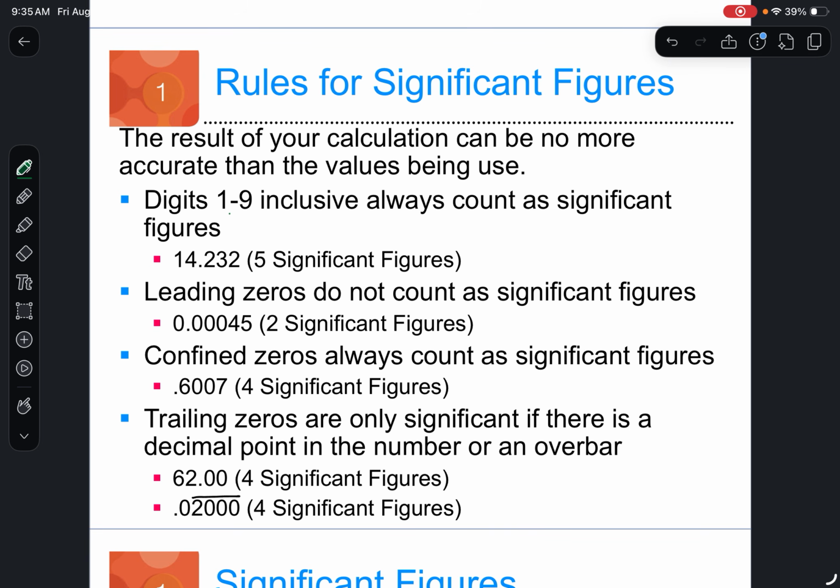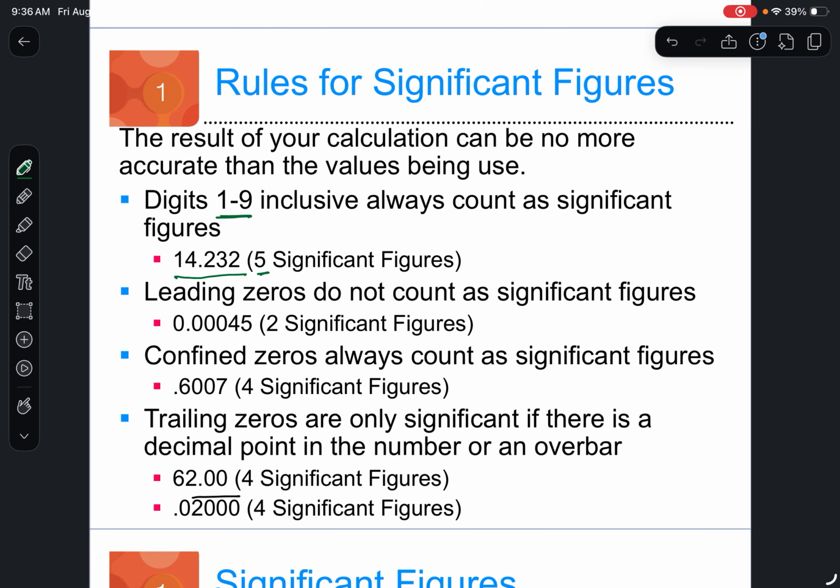Okay. First off, our digits 1 through 9 inclusive always are significant. So the example I give you is 14.235. Every digit in that number is between 1 through 9 inclusive, so it's going to have 5 significant figures.